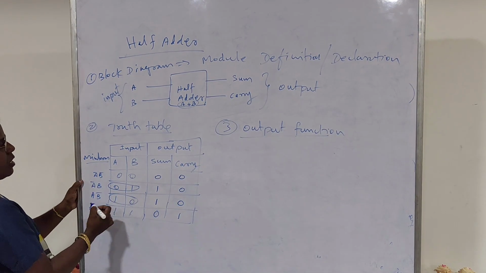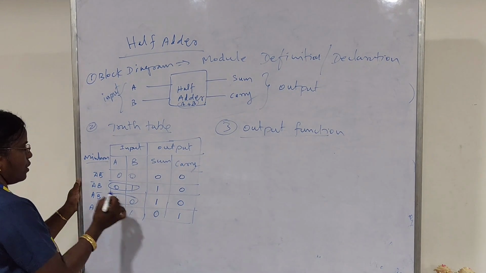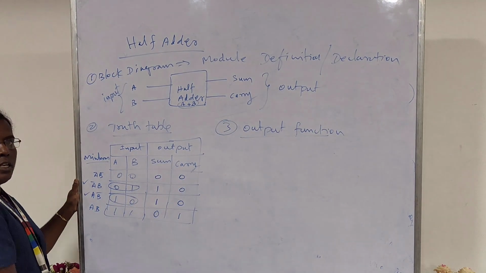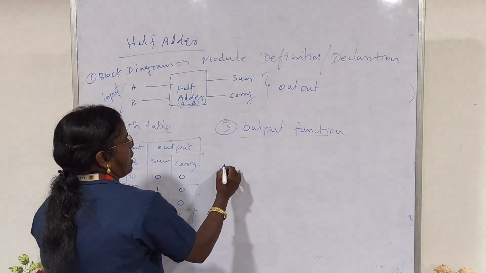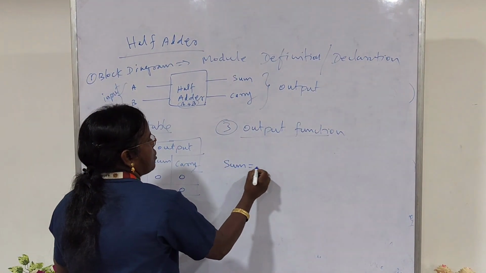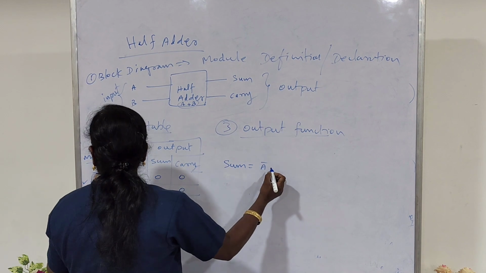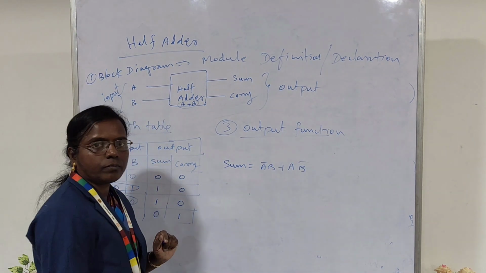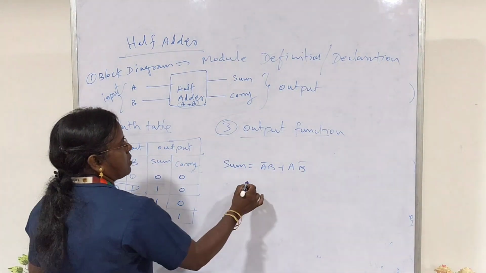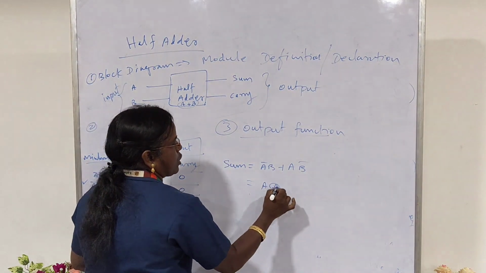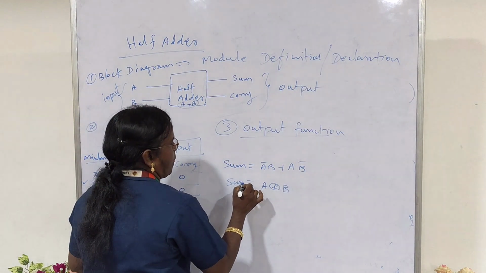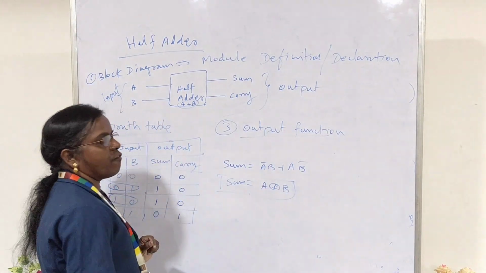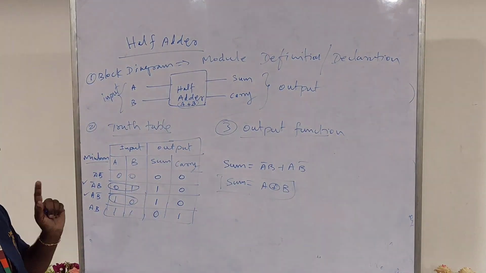So for which minterms is the sum output 1? A bar B and A B bar. So the sum function is equal to the combination A bar B plus A B bar, which is expressed as A exclusive OR B. This is the output function for my half adder circuit, the sum output function.